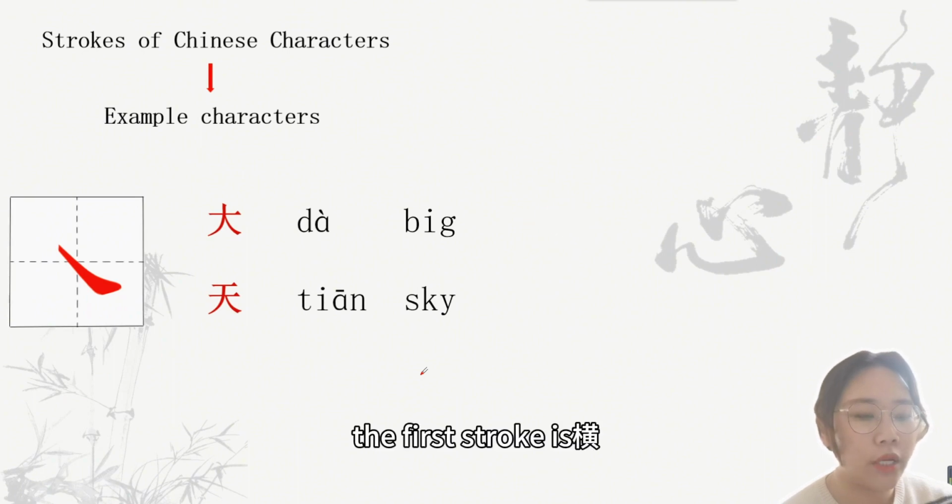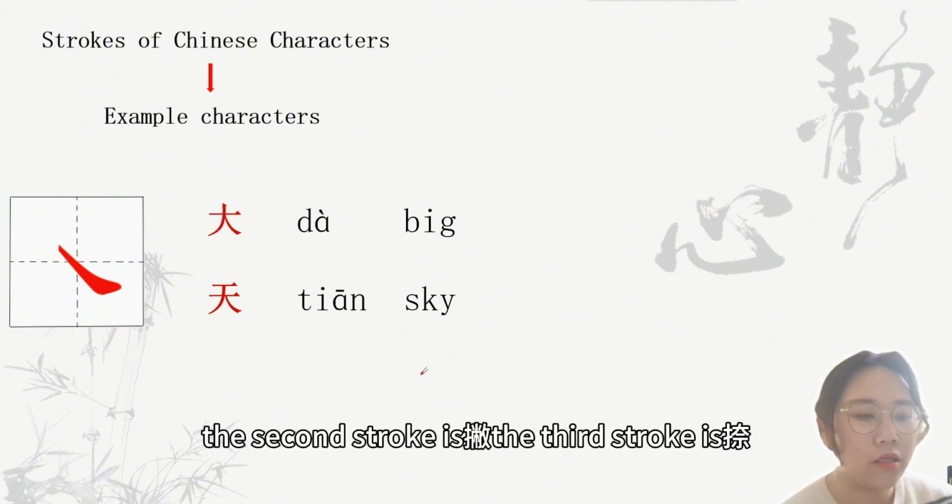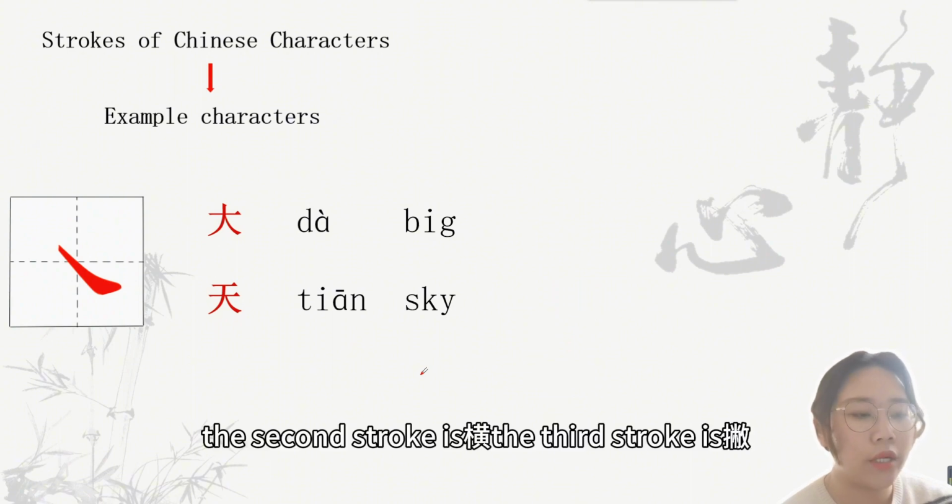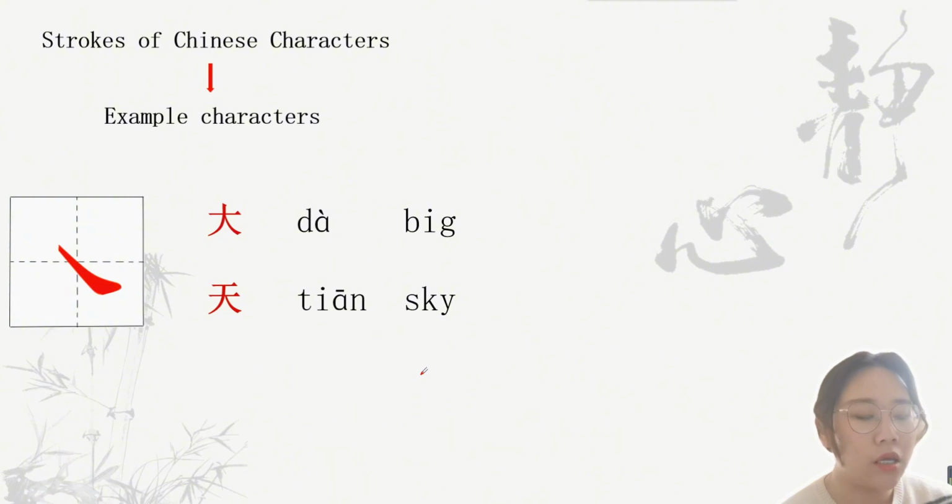The first stroke is 横, the second stroke is 撇, the third stroke is 捺. 天. The first stroke is 横, the second stroke is 横, the third stroke is 撇, the fourth stroke is 捺.